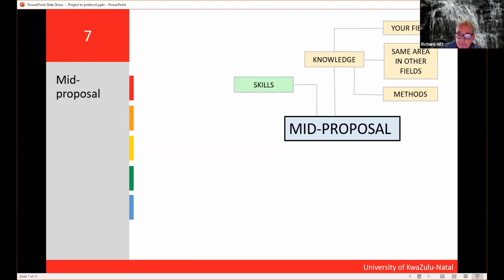And then, of course, you're developing skills as well. Library skills. I may not have to go into the library anymore these days because so much is available to us through our computers, but I'm still calling that library skills. You know how to set about finding the literature in an area.